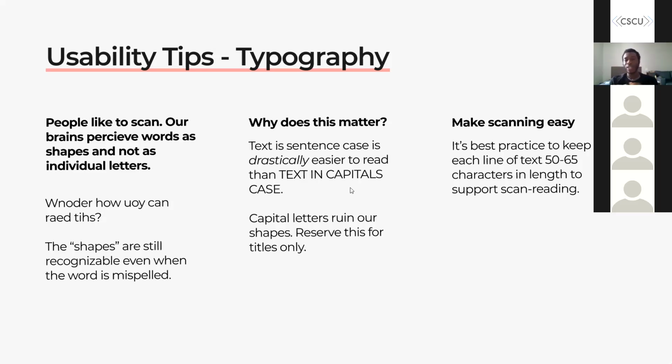I put this example here. Hopefully you're noticing it. It's something we typically don't notice, but it's faster to read the first half of that sentence than the last half, because you actually have to read it to understand what the words are saying. But maybe I'm getting a little ahead of myself. Capital letters typically ruin the shapes people are scanning for, so it's important to account for that.